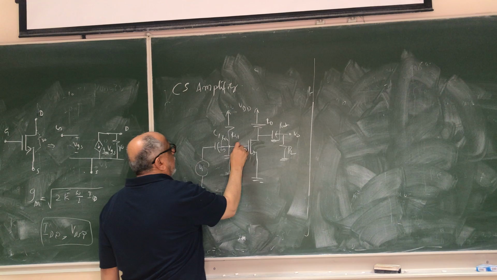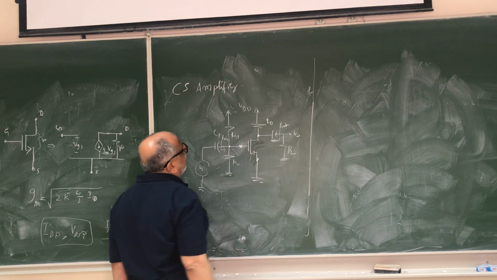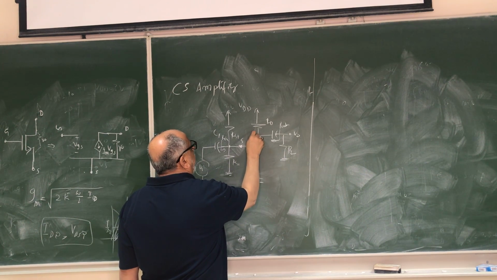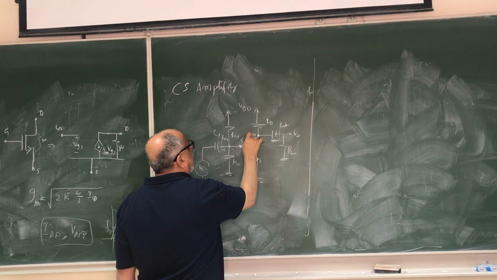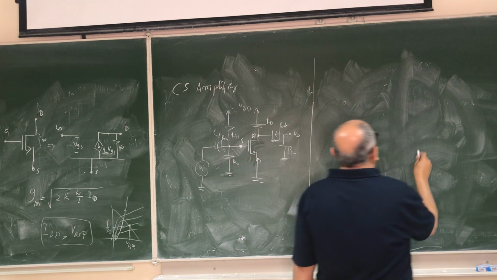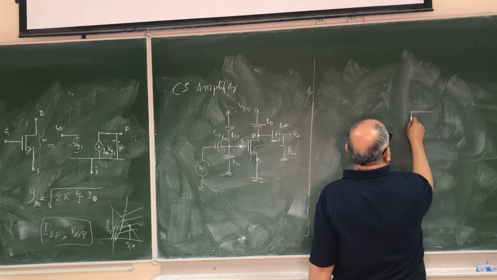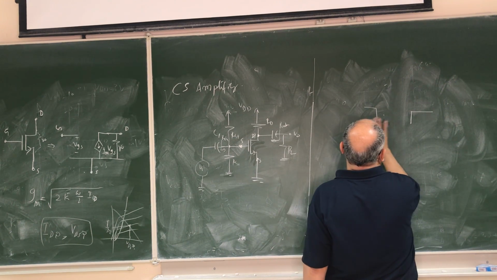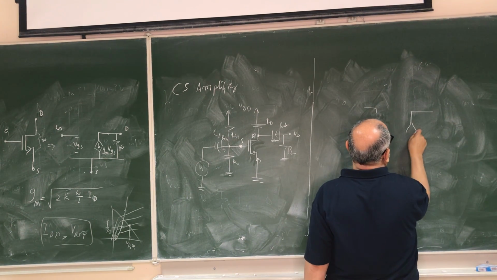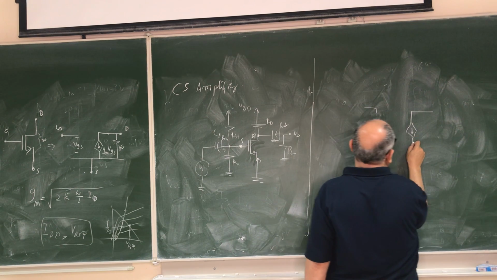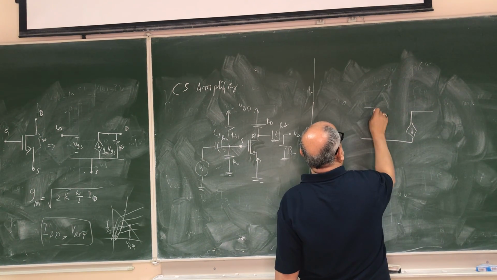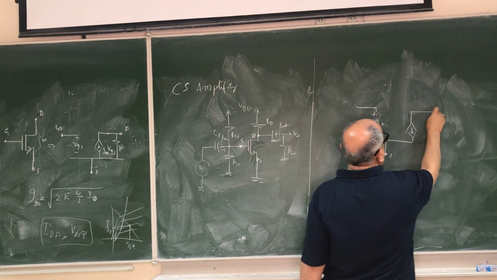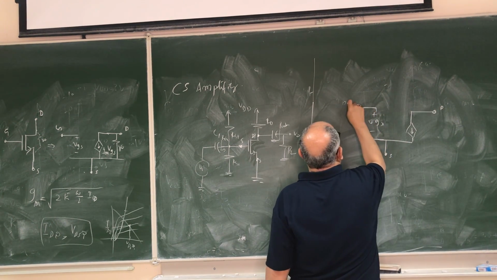So your transistor is this. So we have three nodes here. This is the gate, drain, and source. Okay. So we can just replace now the transistor with its equivalent model. Okay, so this is VGS, source, drain, gate.